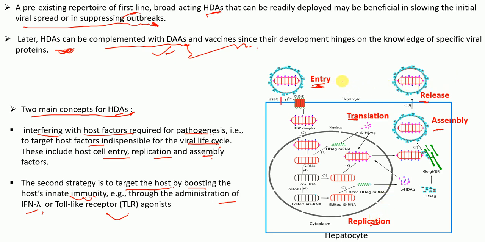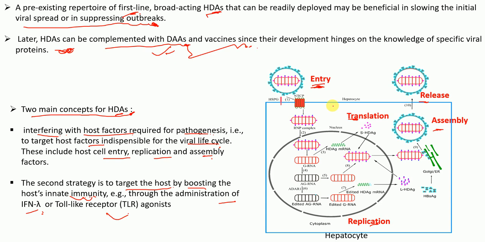We have to find out which are the important molecules from the host for these different stages, and we can target those molecules which are required for these different stages of the virus life cycle. So these kinds of agents are called host-directed antiviral agents.